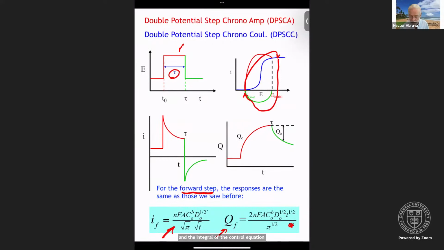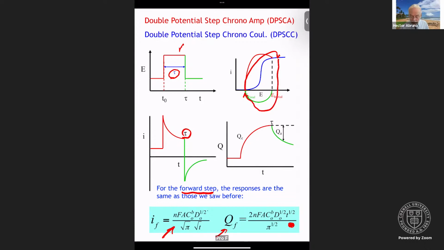Again, this is a page number. However, at time tau, we step back and we see a transient, both in the current and charge profiles.